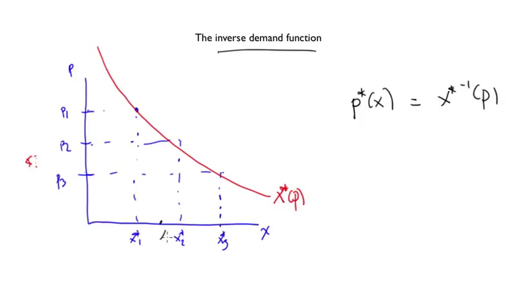It tells you, for any level of demand X, what exactly is the price that will lead the consumer to buy exactly X, no more, no less. I hope it's very intuitive that that is given by the same locus of points, and we can think of the red curve as this inverse demand function when we look at this locus from this perspective.